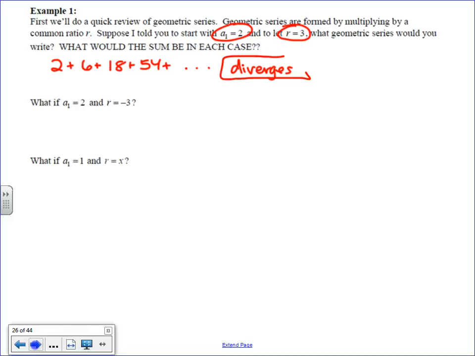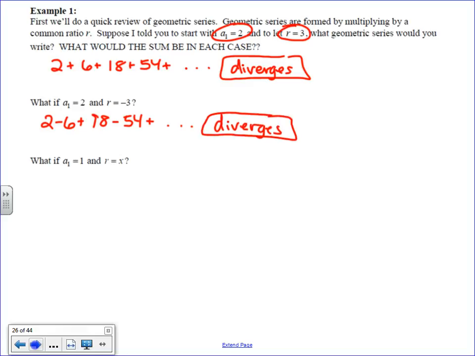Doesn't that make sense? 2 plus 6 plus 18 plus 54. All right, what if a equals 2 and r equals negative 3? 2 minus 6 plus 18 minus 54. For a geometric series, r equal to negative 3 diverges. I don't need to find a sum. There is none.